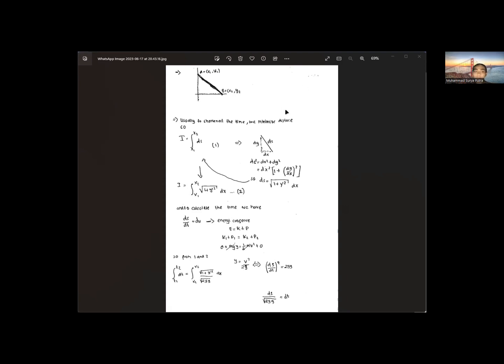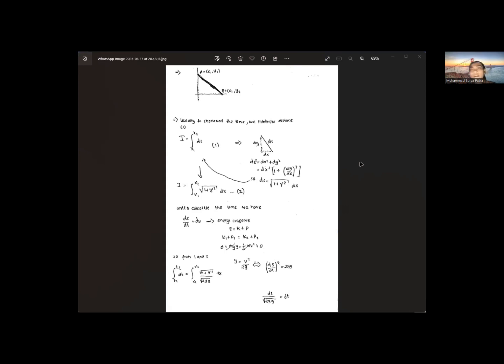So in this case, the amount of time is equal to the integral from x1 to x2 of the square root of 1 plus y prime squared over 2yg dx. So in this case, we are calculating the width of the area below the curve.